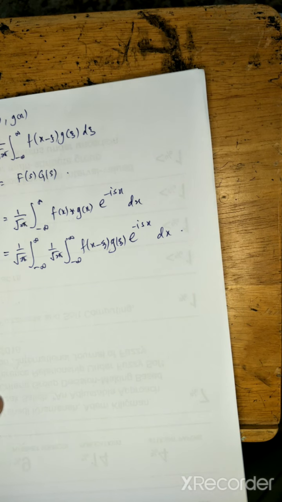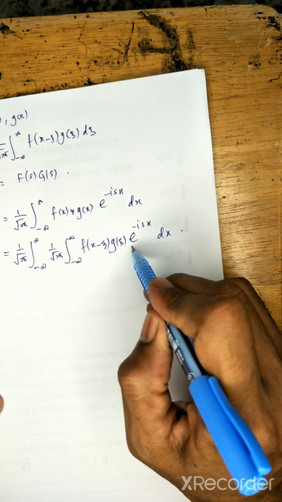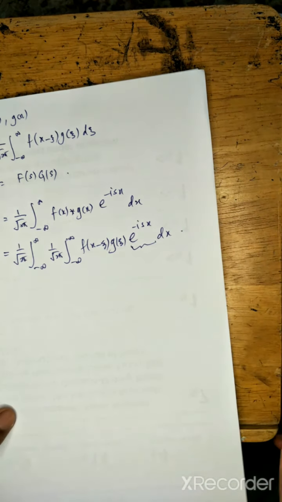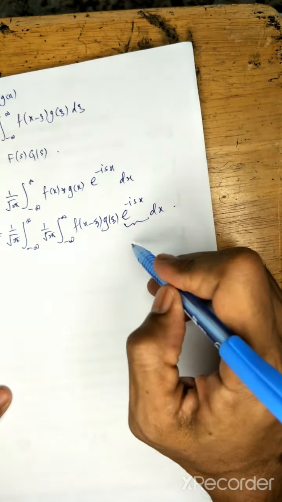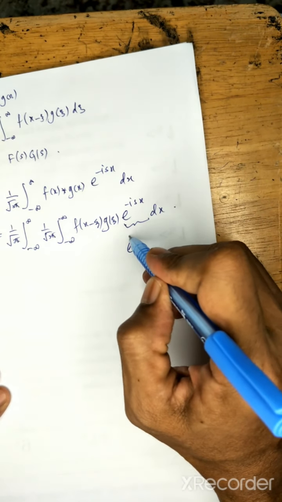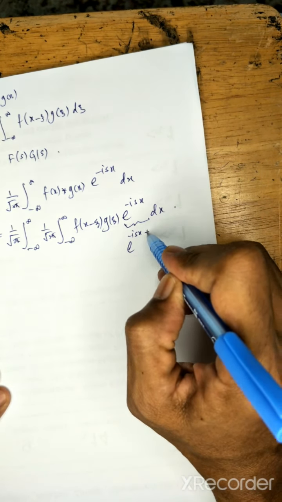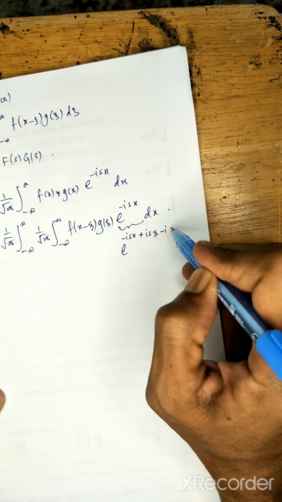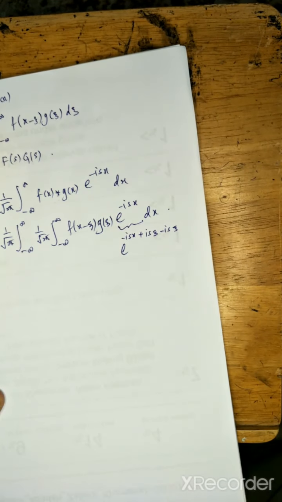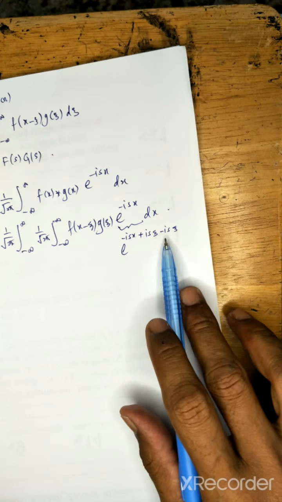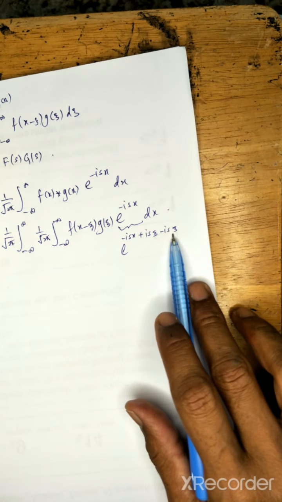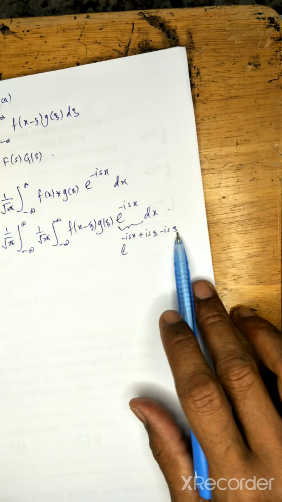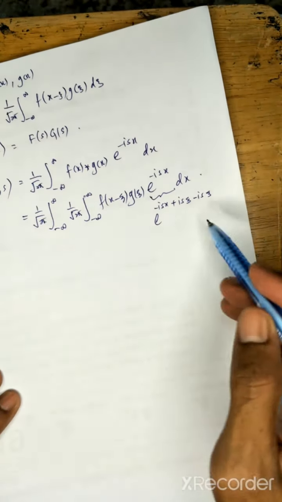Of course, for e to the minus i s x, I can write this as e to the minus i s x plus i s zeta minus i s zeta. Then I can factor out e to the minus i s zeta. We can take it out.